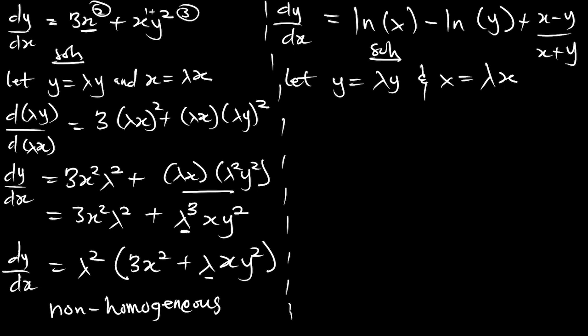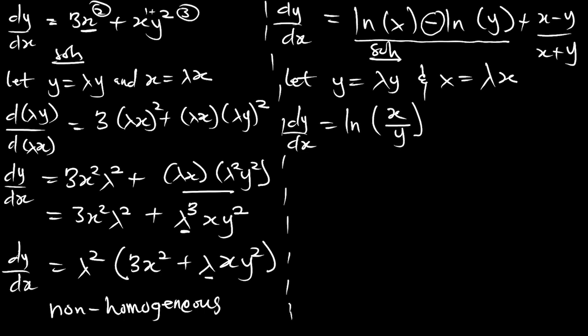So this is what we are going to have. First of all, these are log functions, and I can manipulate them to get dy/dx. Remember, if this is subtraction, this is the same as the natural log of x on y, right? Yes, plus x minus y on x plus y. This is the same equation written. So from here, I can do my d lambda y on d lambda x.